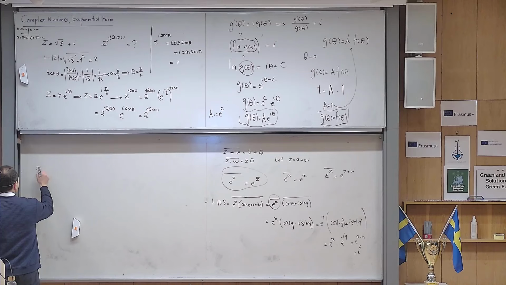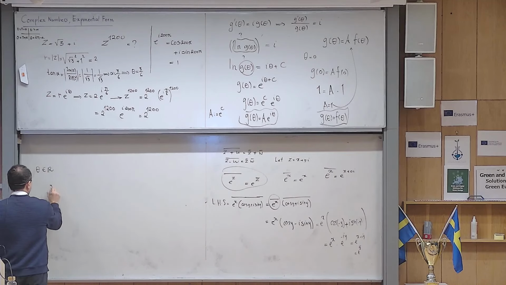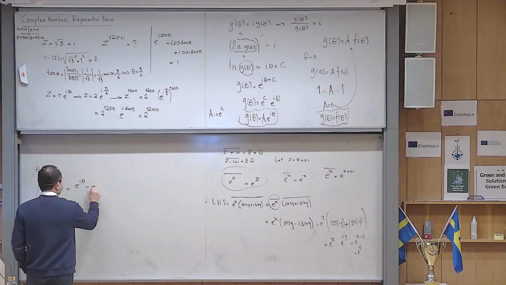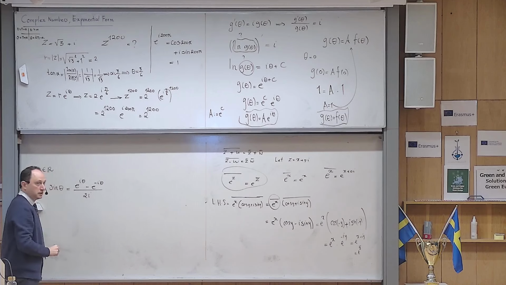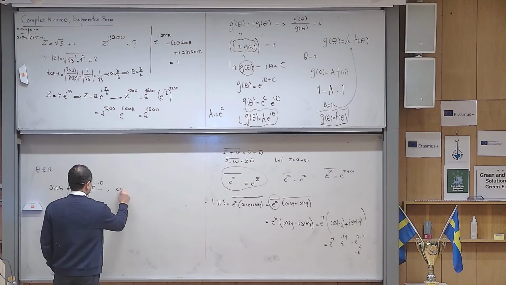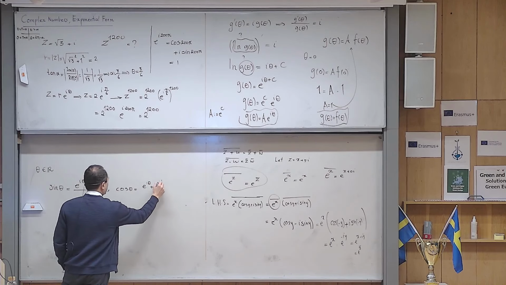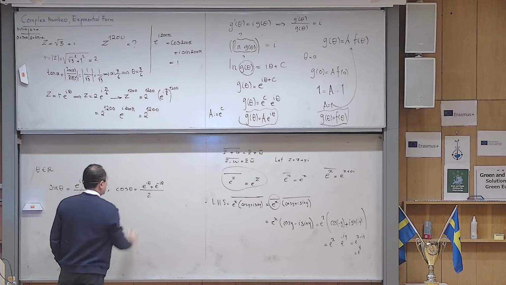If theta is a real number, we want to show that sine of theta is equal to e to the power of i theta minus e to the power of minus i theta divided by 2i. And cosine of theta is e to power i theta plus e to power minus i theta divided by 2.